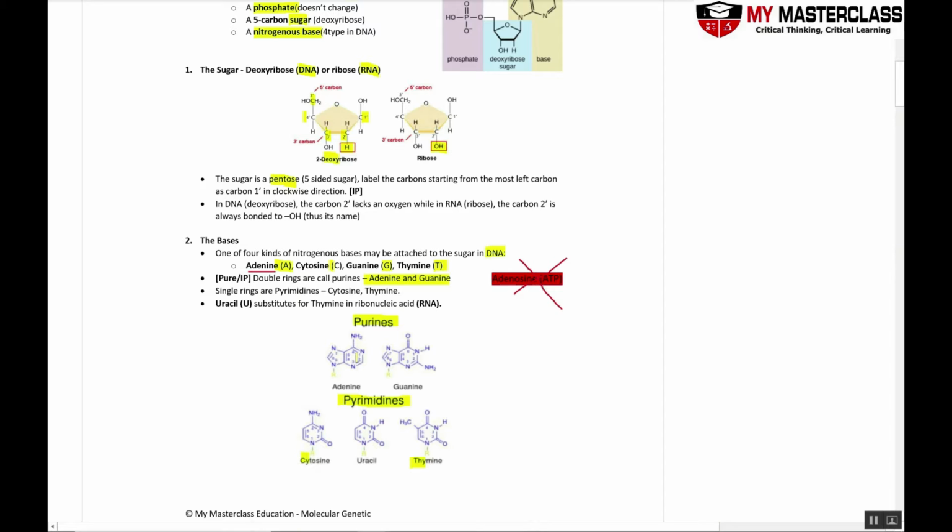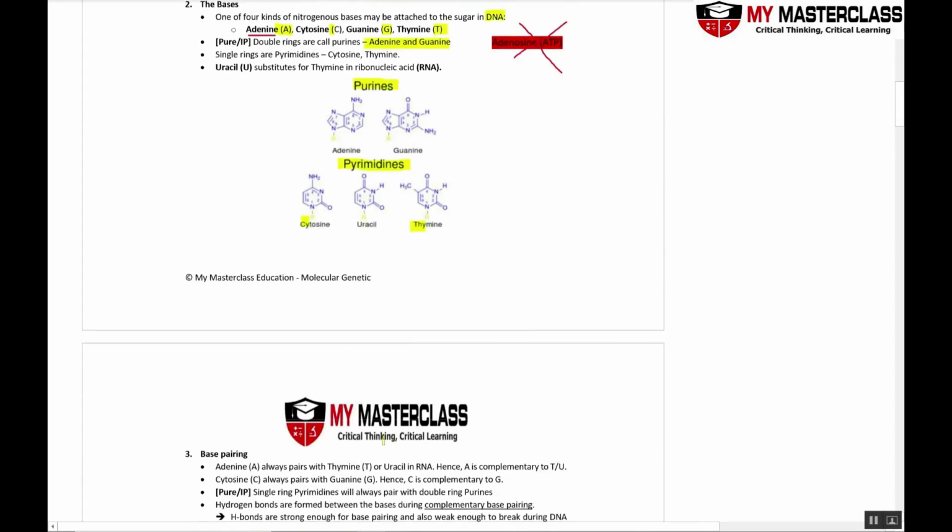Purines have 2-sided double rings, 2 rings here, but pyrimidines we are only looking at 1 ring. Okay. Now what about uracil? Uracil, later on when we look at the mRNA component or the RNA itself, there is no thymine in RNA. So instead of thymine, in RNA the thymine is being replaced by a uracil in this case.